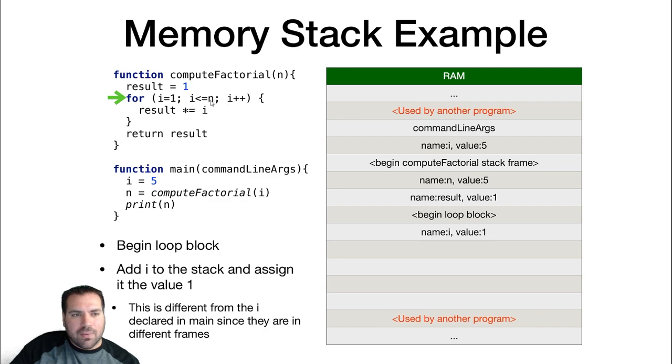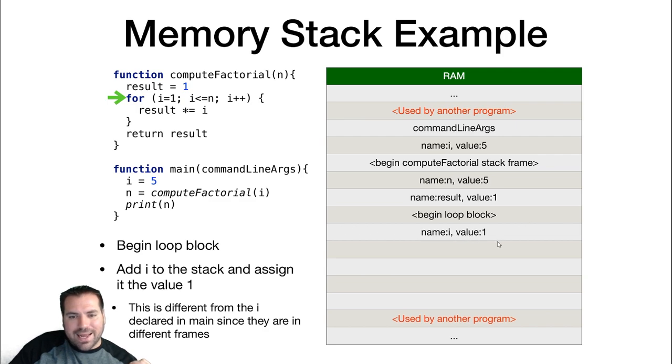And we have a conditional to check. Every time we get to the loop or get to the end of the loop, we're going to check this conditional. If it's true, execute the loop. And whenever we get to the end of the loop and before we check the conditional, we're going to run the third statement, which here is incrementing I. So we're iterating through from I to N and executing this code for each value.